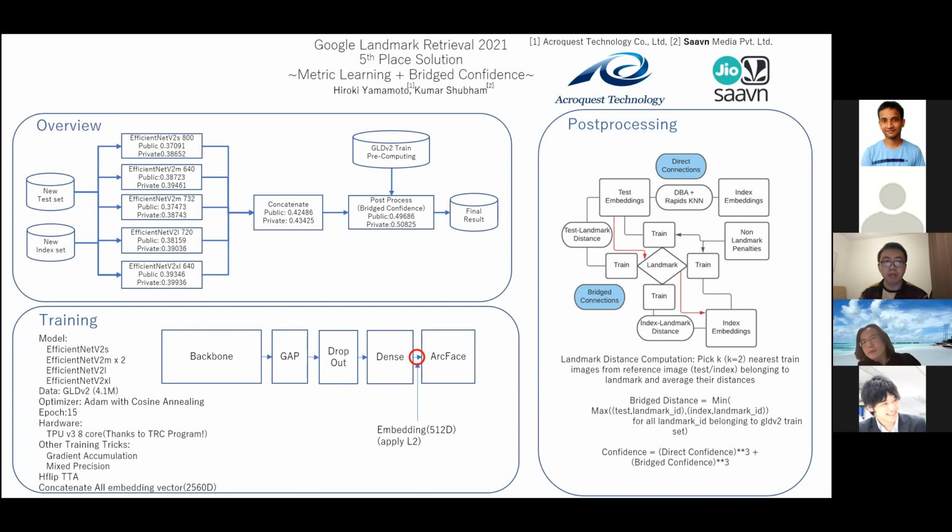What we saw when analyzing the results of direct confidence and bridge connections was that both have very high precision at higher confidence levels, but as we go downward, the precision falls rapidly. Using power 3 here aims to increase the relative gap between the confidence values.